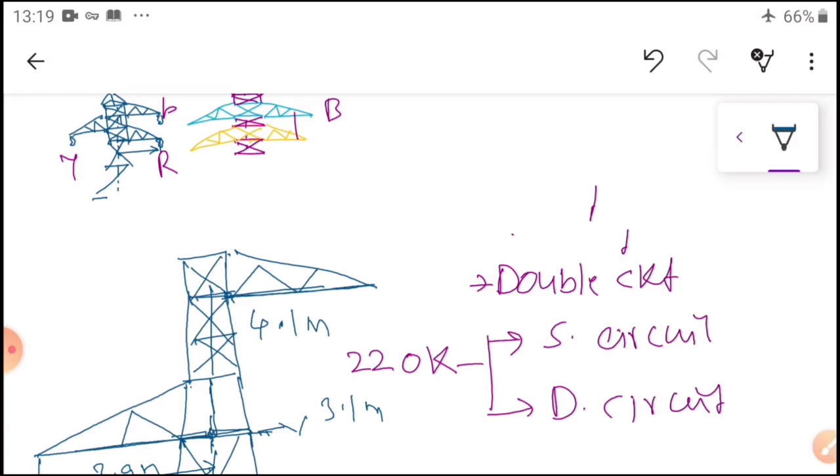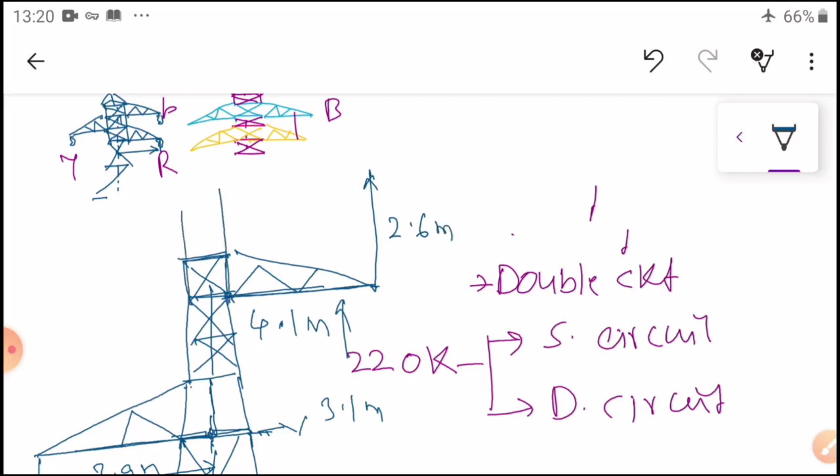So here 3.1 meter length from this one. Next, an equal length, 2.6 meters, you take from this one. You are going to increase from this distance. What is that? 2.6 meters, from this one to this one.